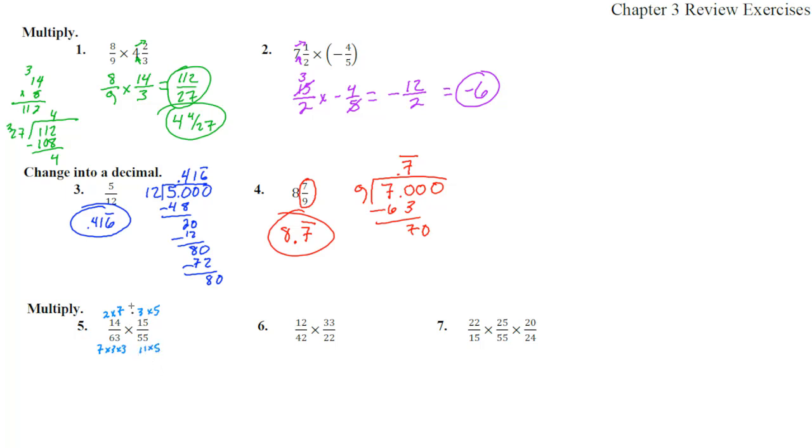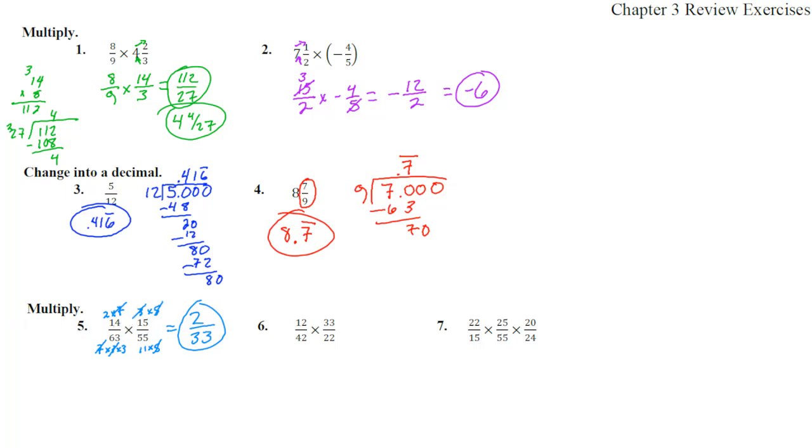So there's going to be a lot of stuff that cancels. 7 cancels with a 7, 3 cancels with a 3, 5 cancels with a 5, and so we are ending up with a 2 on top, and 3 times 11 is 33 on the bottom. 2 33rds. Yeah, that would have been a lot of simplification needed if we would have done 14 times 15 over 63 times 55. Whew. Good thing we've got that trick.